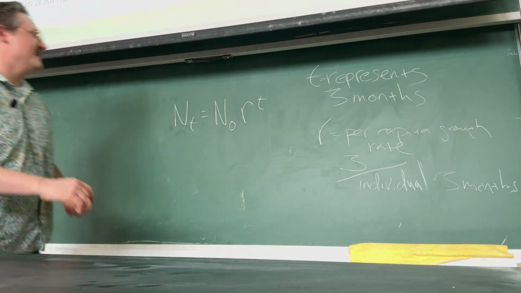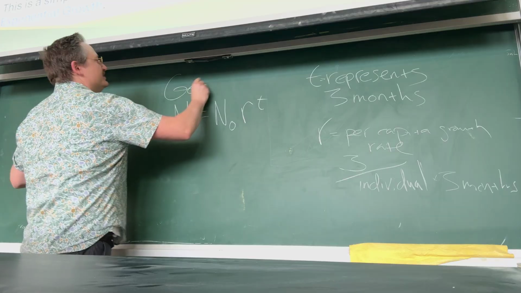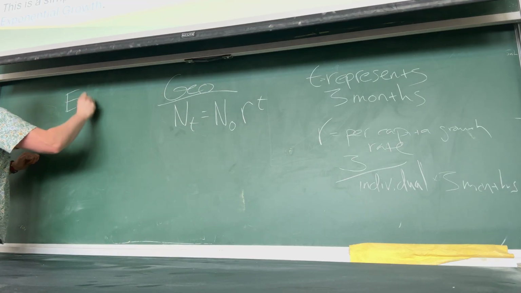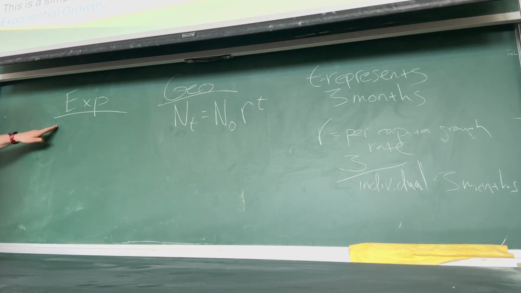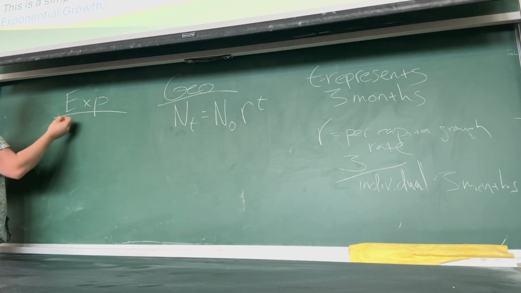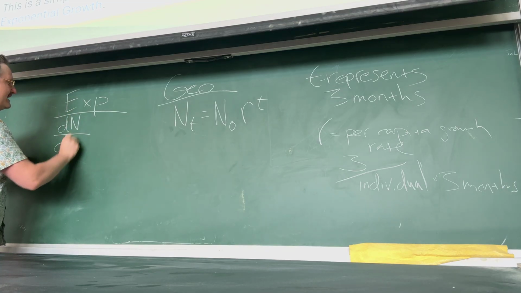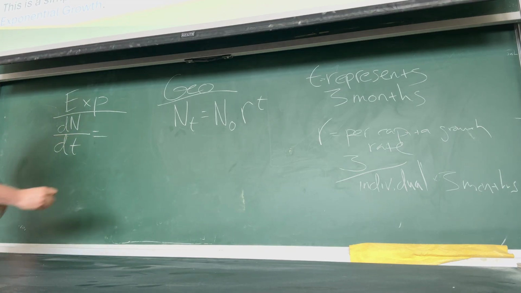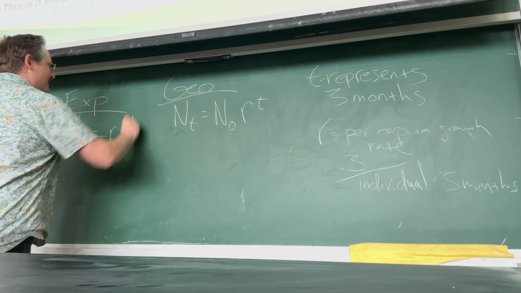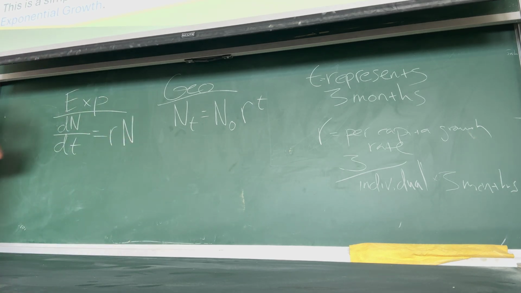So let's look at this same equation. This is geometric. I'll put geo right there. And this is exponential. So dN, or delta N, but I'll use the d because it's on the slide, dN over dt equals r times the population size. So you can look at the population at a given time and determine how much the population is going to change over each year, month, 10-minute period.